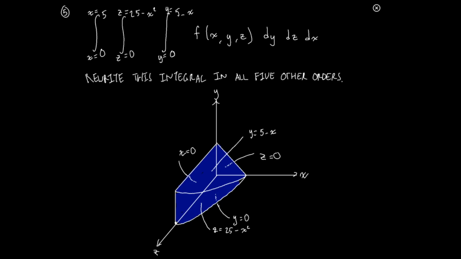Great. So now that we have all these equations, these are all of our equations for our bounds, right? So we can rewrite them in different orders so that they work for different orders of integration.